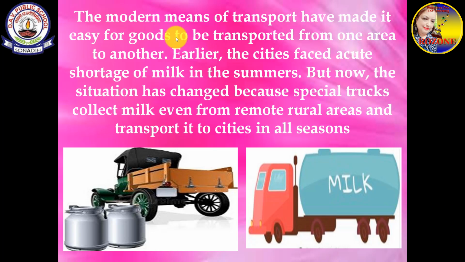So earlier, you see, people faced a lot of shortage of milk. Acute shortage means milk production was too little. In the cities especially, people were not getting milk. But now, because of the changing scenario, the situation has changed.